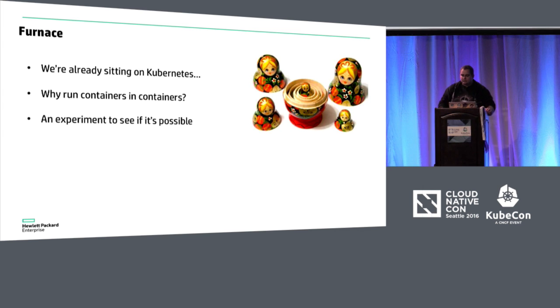The obvious next question would be, why not deploy Cloud Foundry apps directly on Kubernetes, since you already have Kubernetes? And it's a good question. So we started an experiment together with IBM to try and make the scheduler in Cloud Foundry pluggable. If you're familiar with Cloud Foundry, the current scheduler is called Diego.